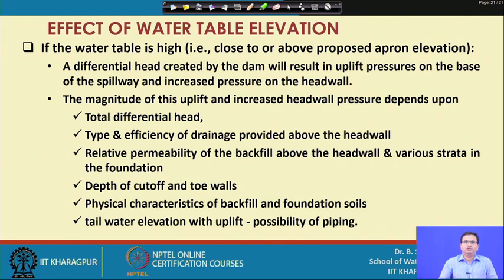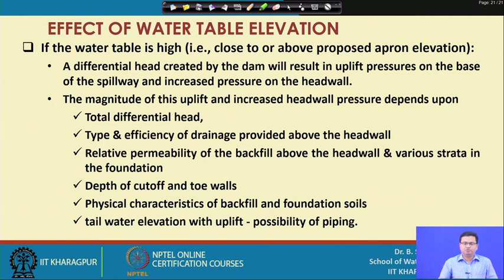And if the water table is high, which is close to or above the proposed apron elevation, then a differential head created by the dam of water will result in uplift pressure on the base of the spillway and increased pressure on the head wall.